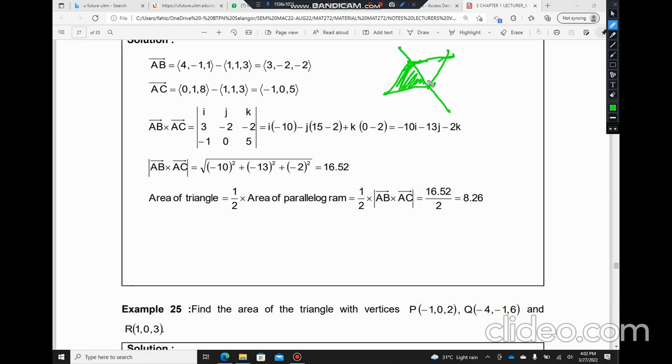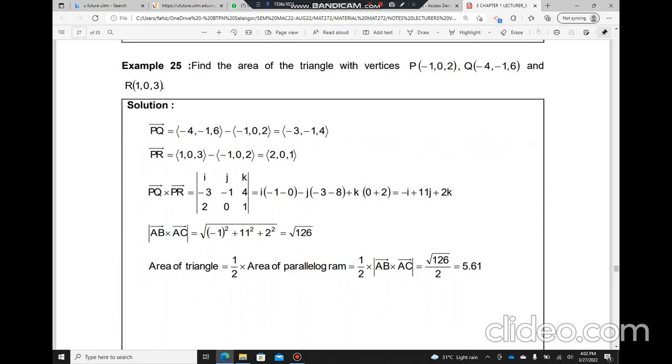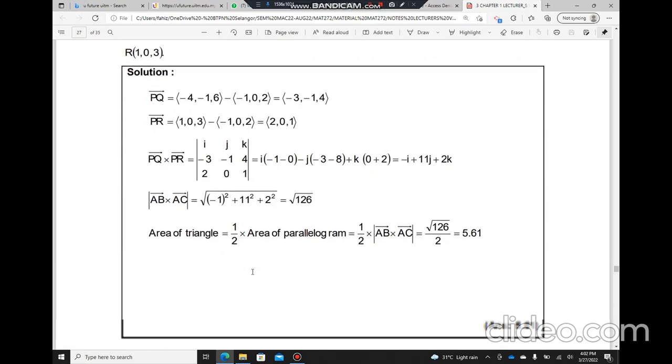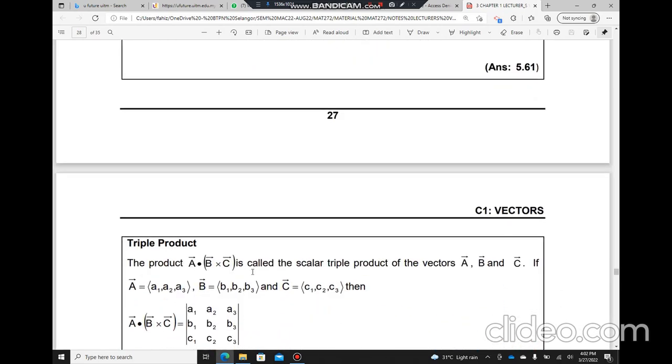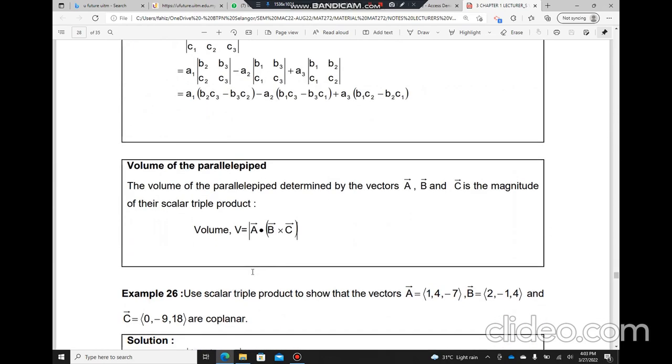Half ni dia akan dapat triangle. So that's why we multiply by 1/2. Okay, so dapat yang ni, dapat area of triangle. Yang ni pun sama, find the area of the triangle with vertices P, Q and R. Okay, so dia just 1/2 times area of parallelogram. Okay, so yang tu untuk cross product.